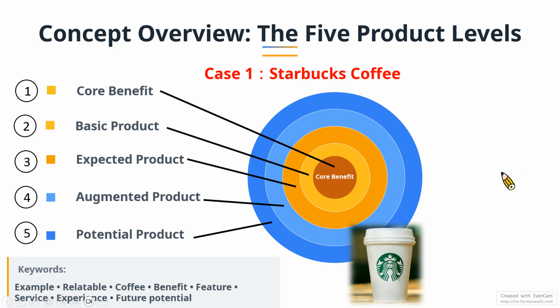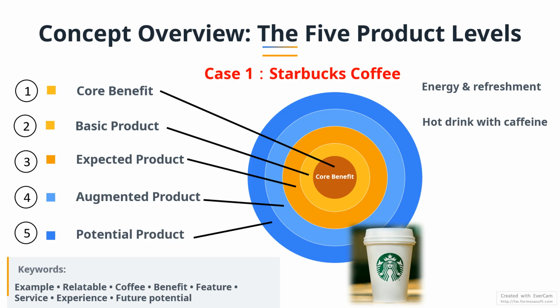The first, core benefit. For the coffee, what we want is maybe energy or refreshment. The second, what is the basic product of Starbucks coffee? It's a hot drink with caffeine.